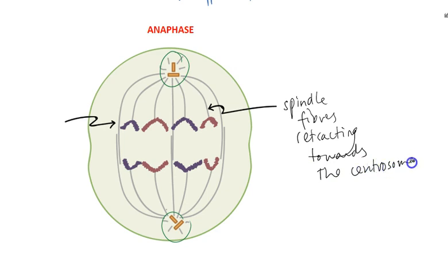And in doing so, they pull those chromatids, or chromosomes now, towards the poles of the cell. So you can say here that the chromosomes are being pulled to the poles of the cell.